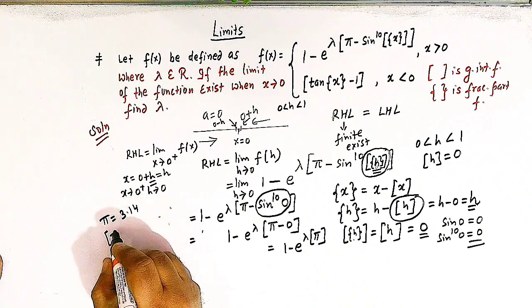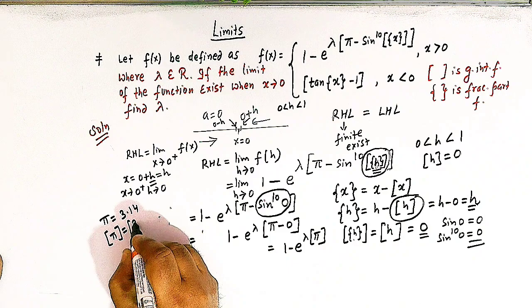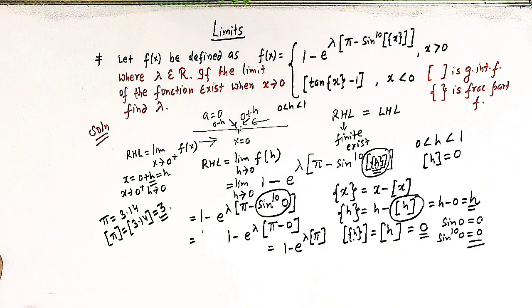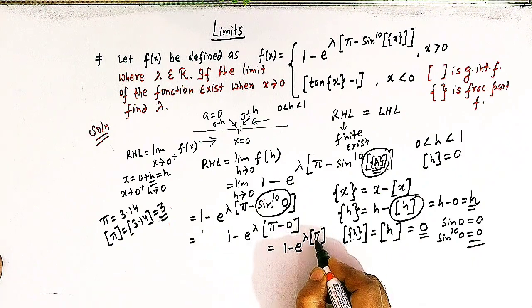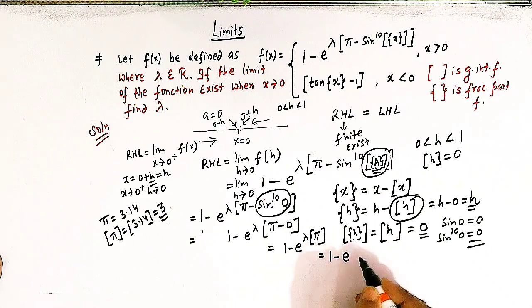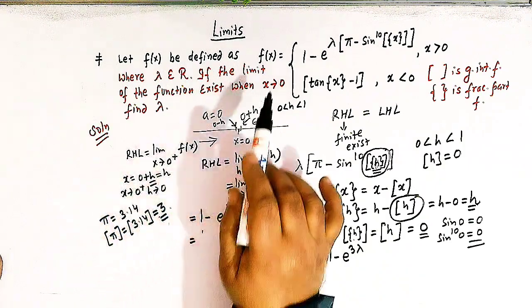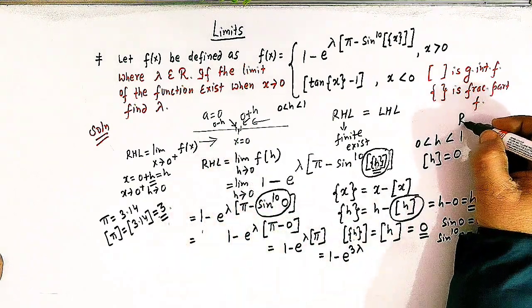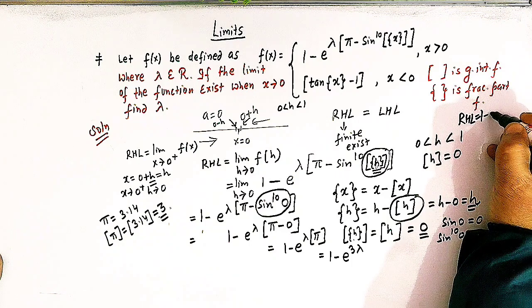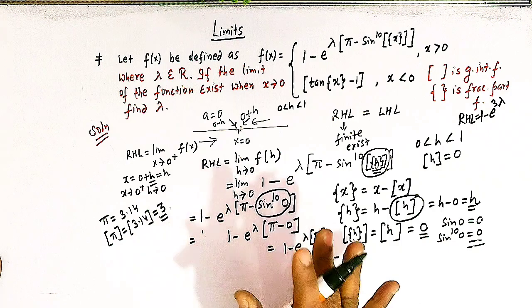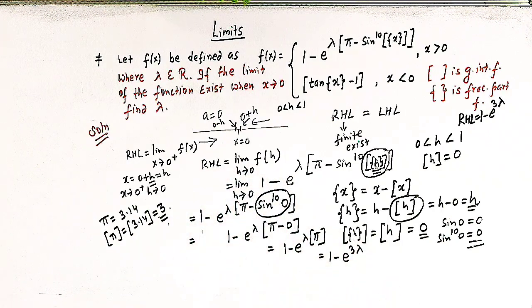So the greatest integer of 3.14 is equal to 3. So now we can write 1 minus e raised to 3 times lambda. So the right hand limit of this function when x approaches 0 is given by 1 minus e raised to 3 times lambda.